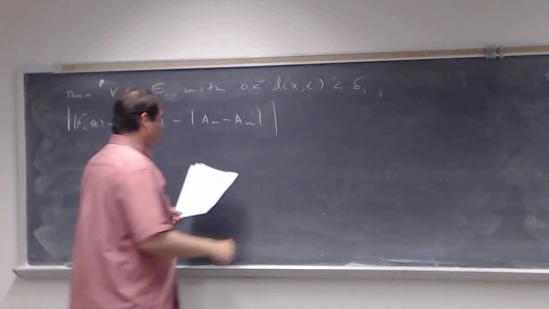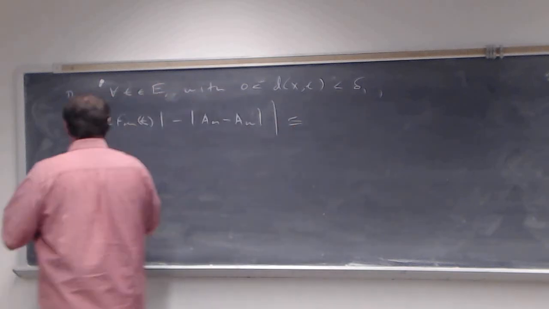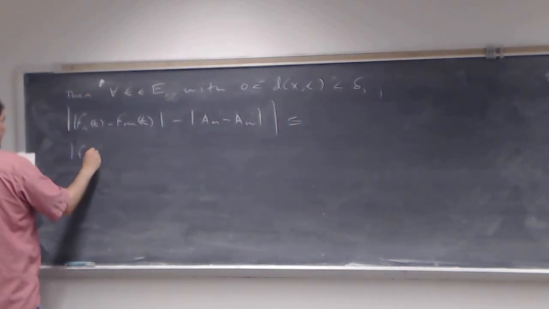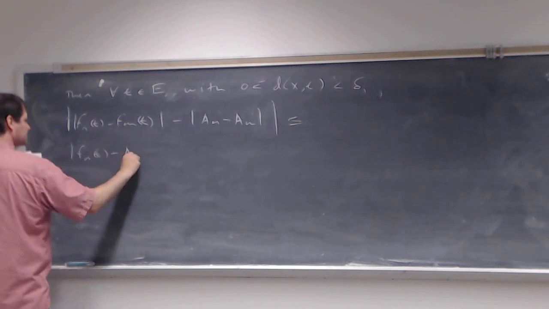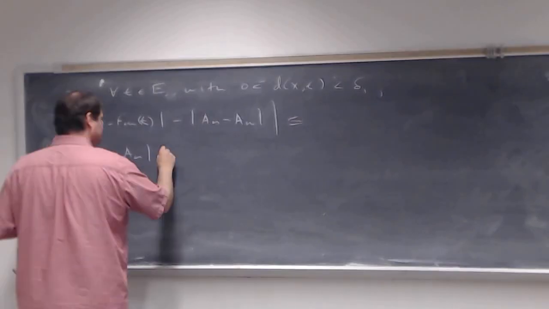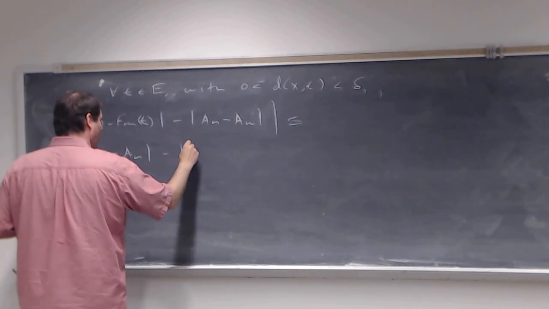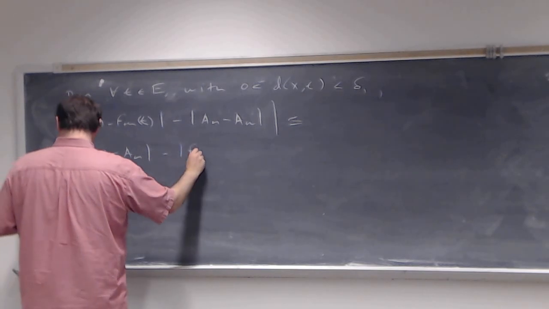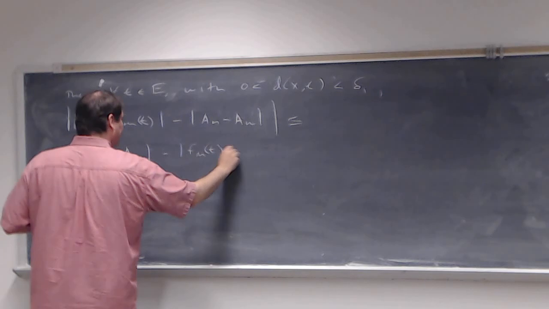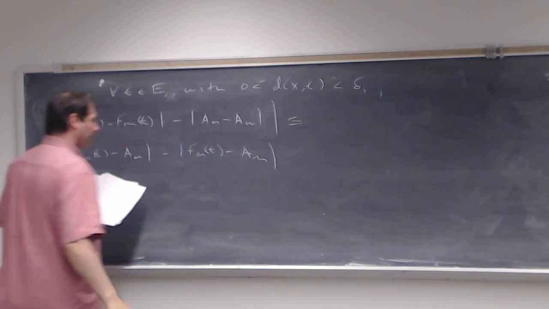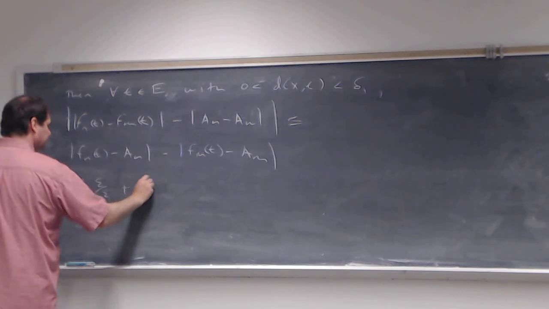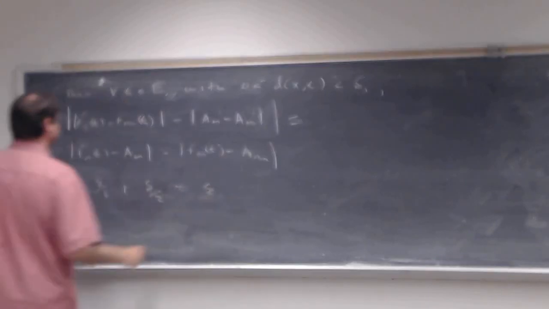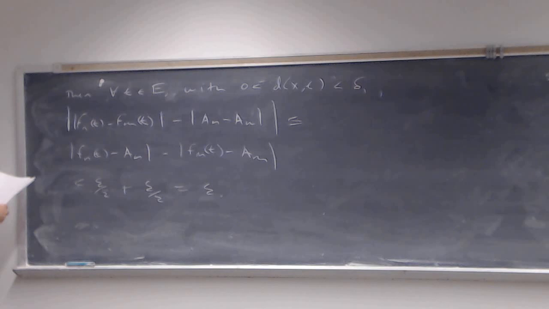Well, we know that's less than or equal to the norm of f sub n of t minus a sub n plus the norm of f sub m of t minus a sub m, and that is less than epsilon over 2 plus epsilon over 2, which equals epsilon.